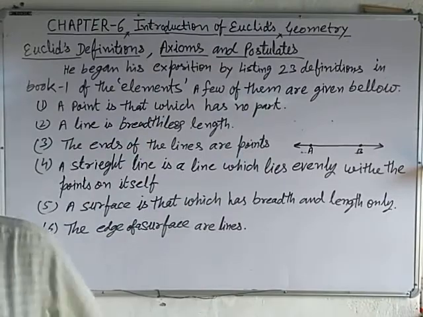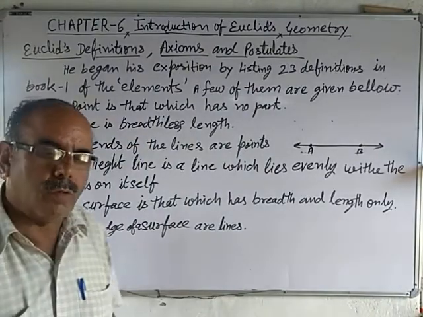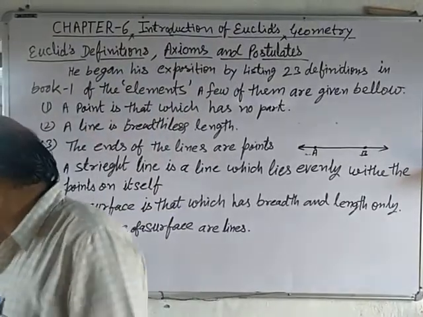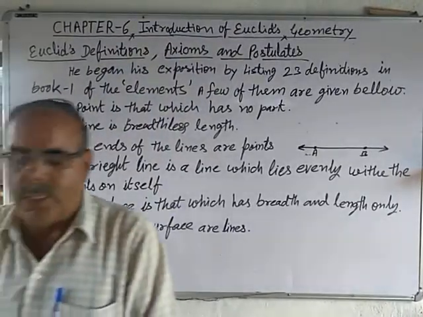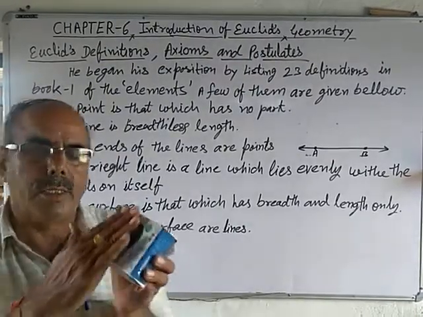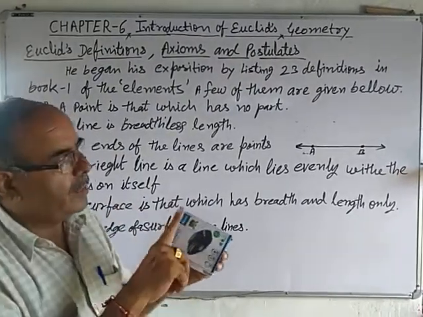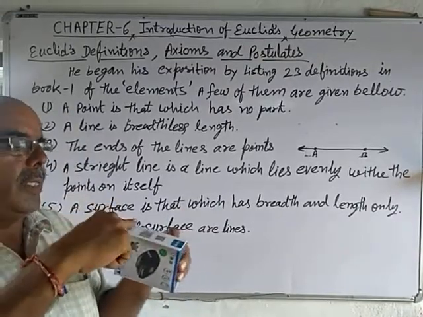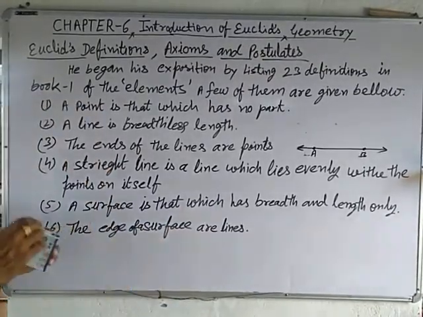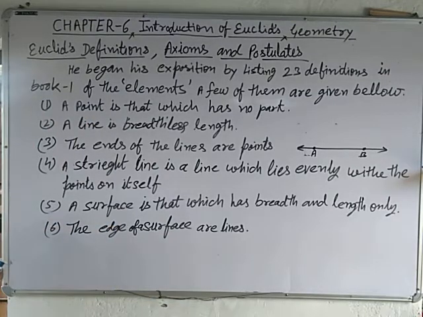It means if we have two surfaces meeting each other, then it is called a line. This is the box and this is a surface, and this is a surface. This edge of a surface is called a line.